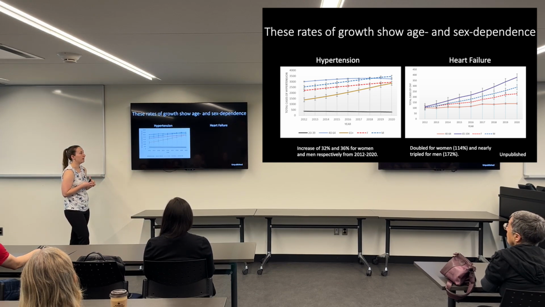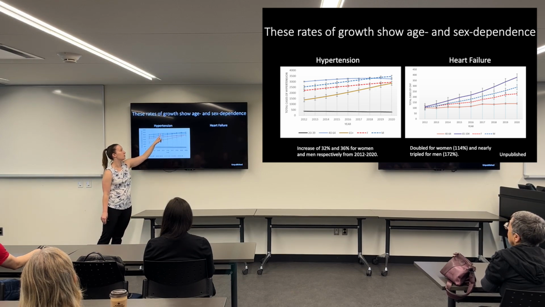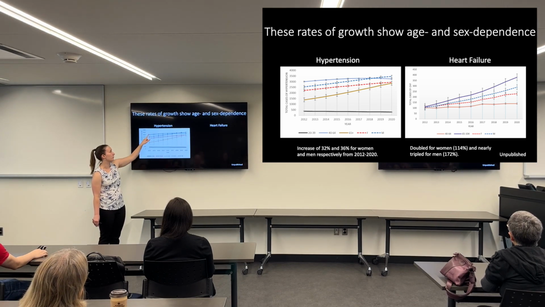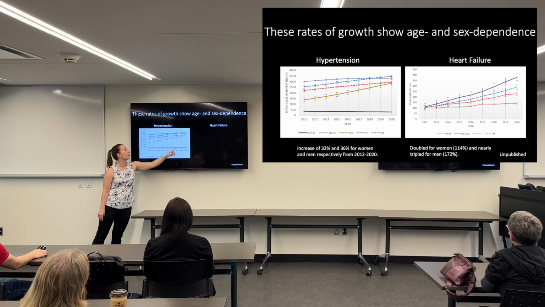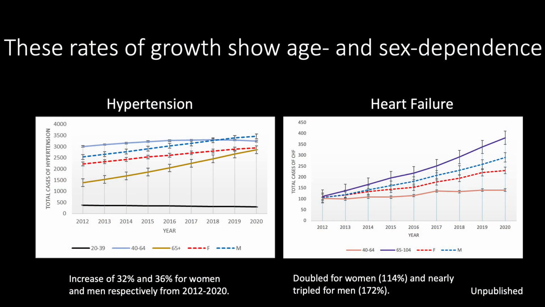So that was pretty static. Even with the older cohort, yes, there's more of them, but there was no general change in the numbers of people between 40 and 64 with hypertension across this time point. But the aging population, at least the 65 and up population, is the one that seems to be responsible for this increasing trend.